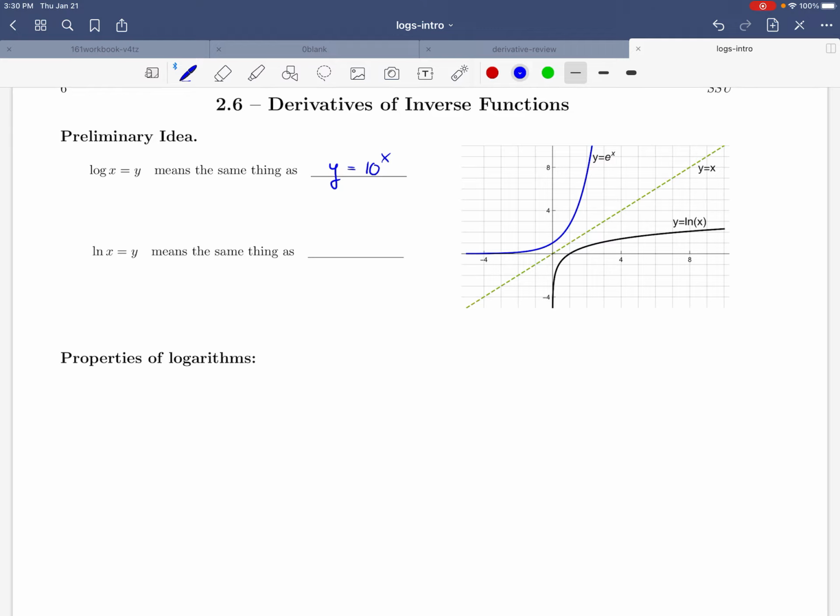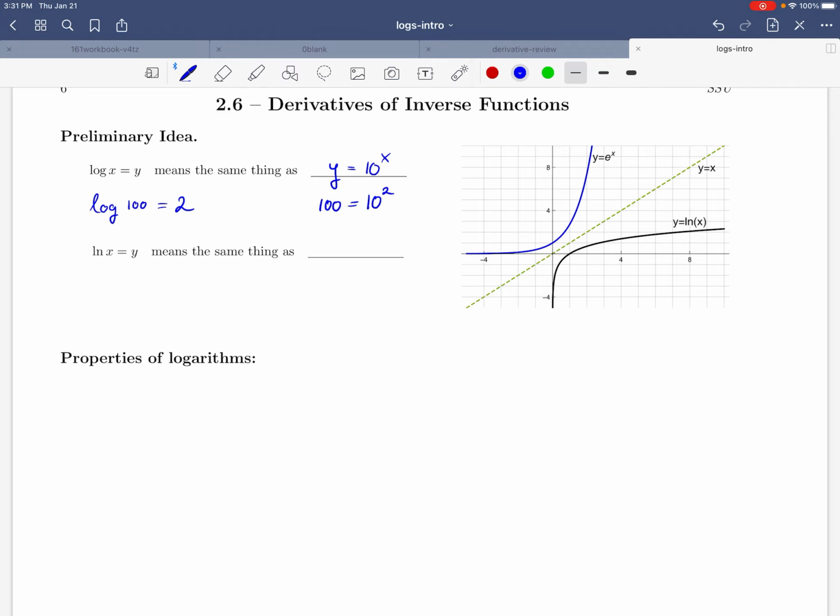Let's look at an example with numbers. One thing that these two equations are also telling us is the log of 100 is 2, and that means the same thing as saying that 100 is equal to 10 to the 2, and that is a true statement, right?